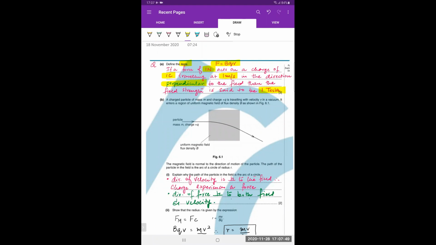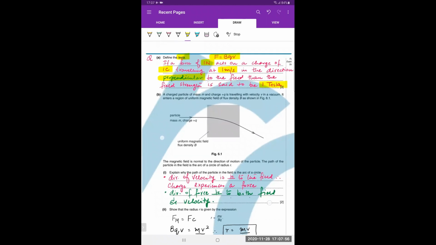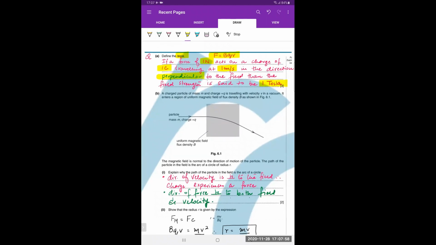Okay. Now, in the next part, a charged particle of mass m carrying a charge of plus q travels with a velocity v in vacuum. It enters a region of uniform magnetic field of flux density B, as shown.